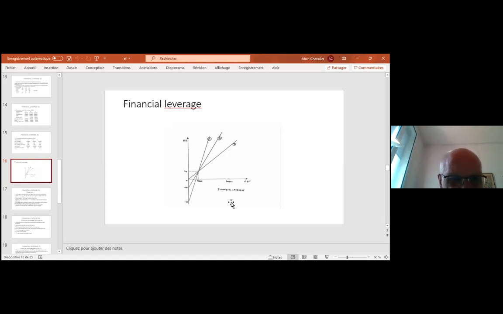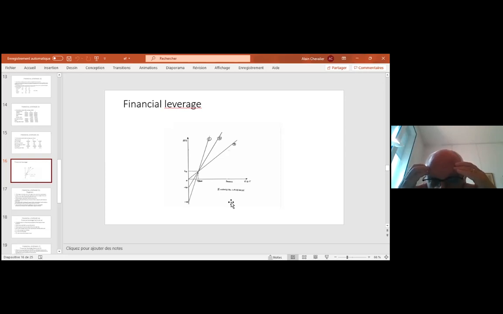Remember that we have a 600,000 investment and an 8% interest rate, and that the return, the 600,000 multiplied by 8%, is equal to 48,000.